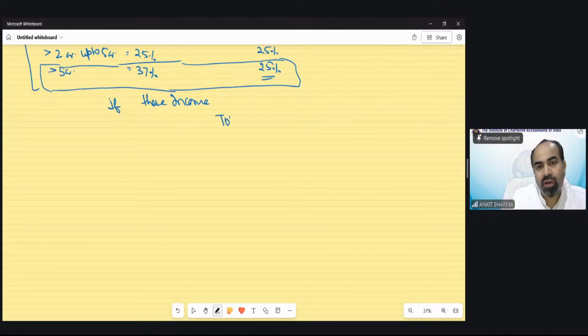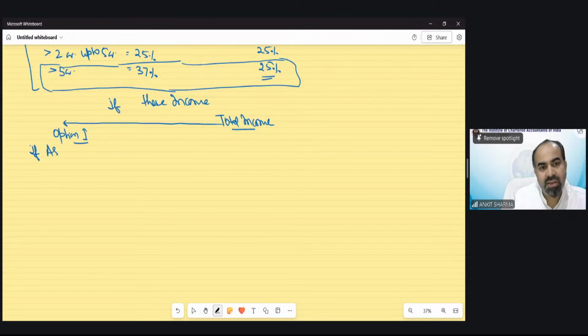So if total income, there would be two situations. We can say option 1, if the assessee does not have any income under section 111A, 112, 112A and dividend.